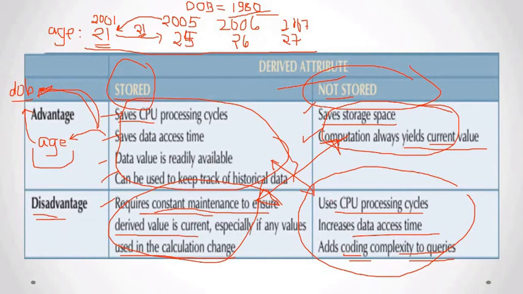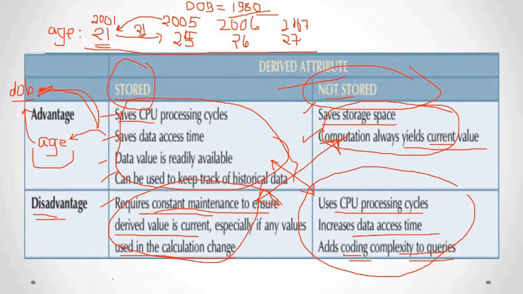Okay? So there is no exact rule on whether you're going to store a derived attribute or not. That depends on the need. So you have to consult that with your client: how often they need it, or how seldom they need it. Okay?